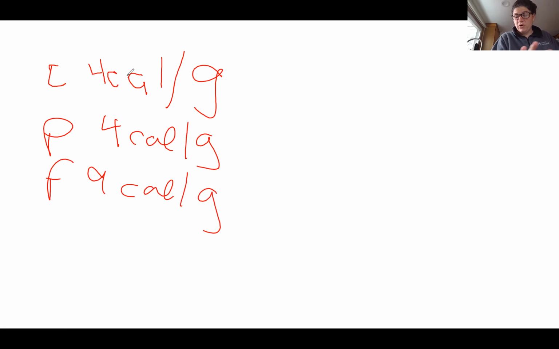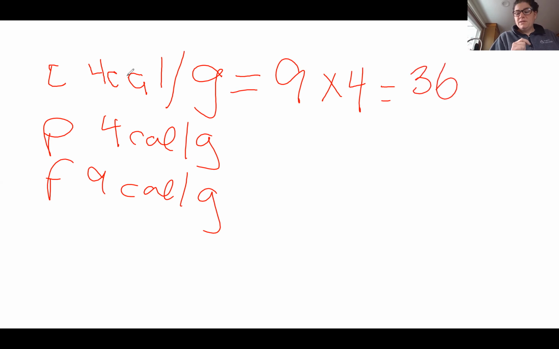The other thing that we know is that his cookie had 9 grams of carbohydrates. So essentially we just do 9 times 4, and we figure out that in his cookie there are 36 kilocalories worth of carbohydrates. Then we know that there is 1 gram of protein, and each gram has 4 calories.